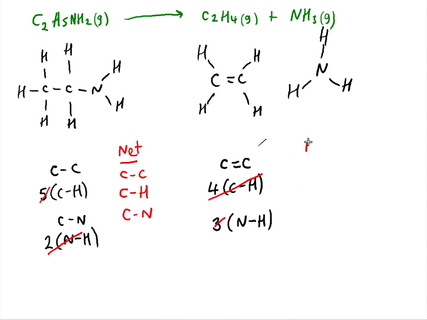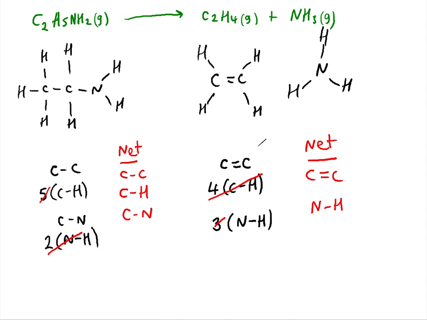So the net bonds on this side are the carbon-carbon bond and 1 nitrogen-hydrogen bond. Okay, so of all the bonds, the only bonds that we need to worry about are these 3, which are broken on this side, and these 2, which are made on the product side.